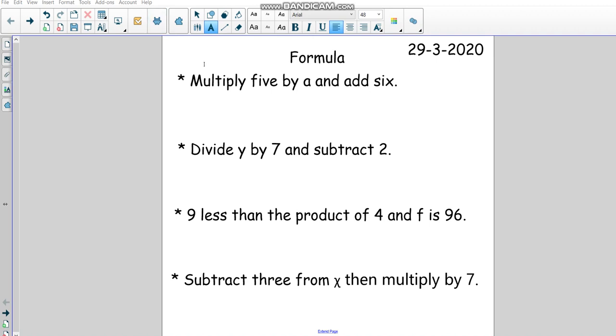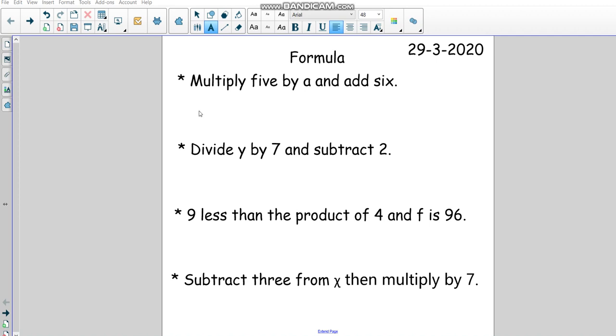When I tell you to multiply 5 by a, as we said, the multiplication sign is always invisible in algebra. I just stick my number to my letter or variable, and we always start with the number.